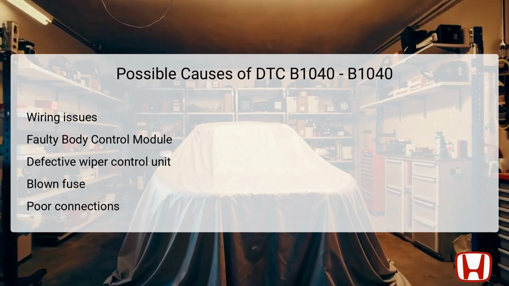Additionally, a defective windshield wiper control unit or motor could cause this error, as they are responsible for executing commands from the BCM. Furthermore, a blown fuse can interrupt power supply to crucial components, while poor connections can lead to intermittent communication failures. It's crucial to assess each of these potential causes methodically during the troubleshooting process.